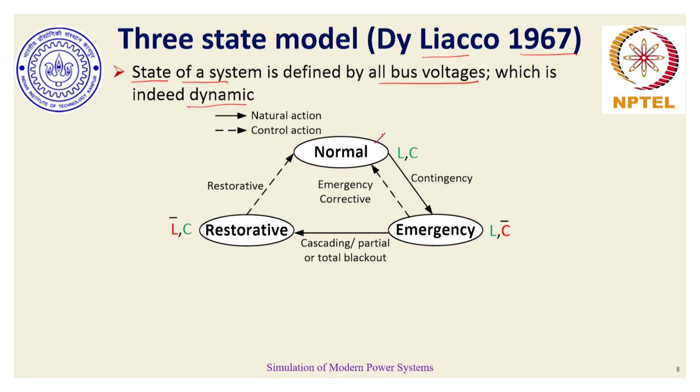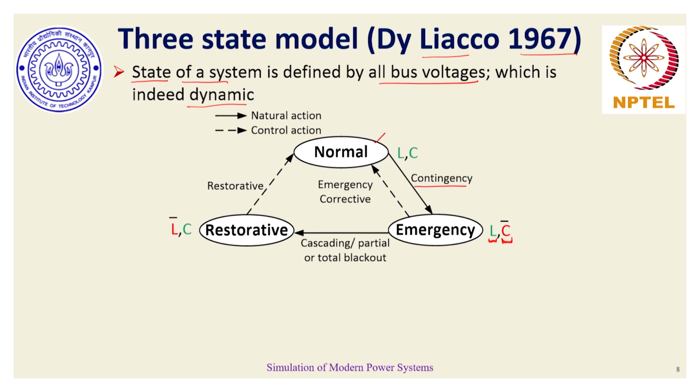Now, during this normal operation, if a contingency happens, which could be outage of a line, generator or load change, then the system operation goes into an emergency mode where loads are still being met, but one or more than one constraints are at their maximum or minimum limits, or in fact certain variables have even violated their limits.